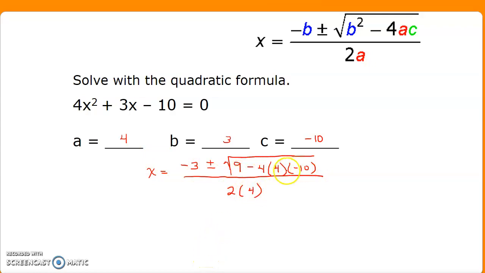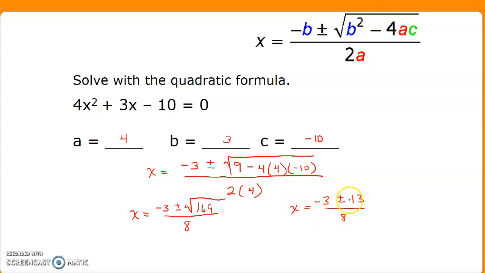All right, so I'm going to work inside the radical first and simplify this expression. So this becomes 9, negative 4 times negative 10 will become a positive 160. So I end up with x equals negative 3 plus or minus the square root of 9 plus 160, all over 8. That gives me 169 over 8. 169 is a perfect square, so x equals negative 3 plus or minus 13 over 8.